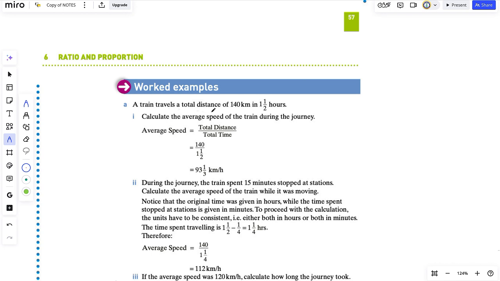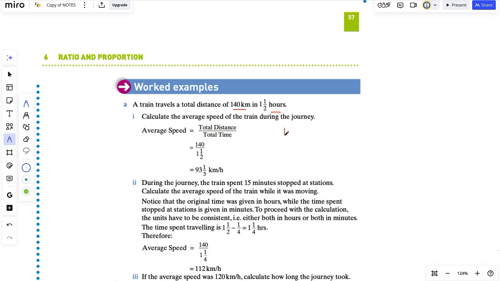Say a train travels a distance of 140 kilometers. They give you a time of 1.5 hours. 1.5 hours is the same as 90 minutes, but you keep it the same, kilometer and hour. So calculate the speed. If you want speed, it is distance divided by time.